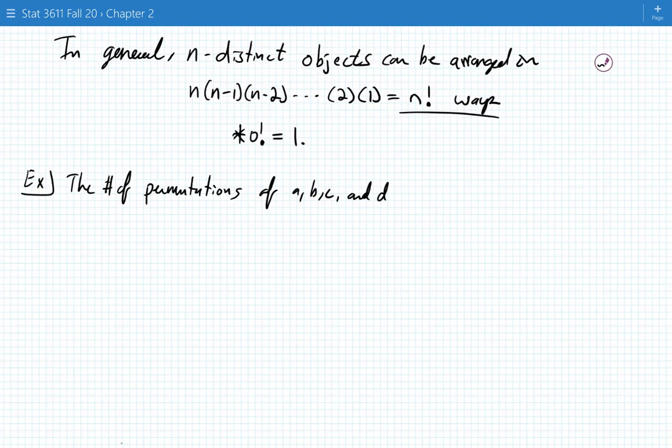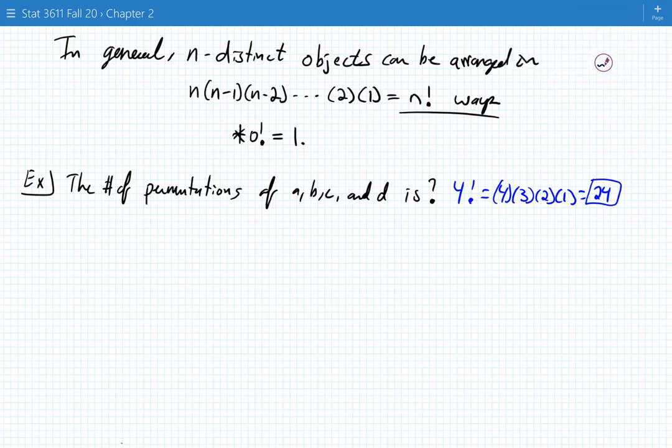The number of permutations of A, B, C, and D is, well, just direct from the definition, 4 factorial. 4 distinct letters, 4 factorial. 4 factorial is 4 times 3 times 2 times 1. That is 24. 4 factorial is 24.